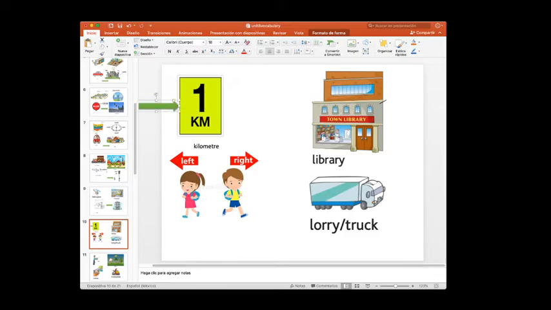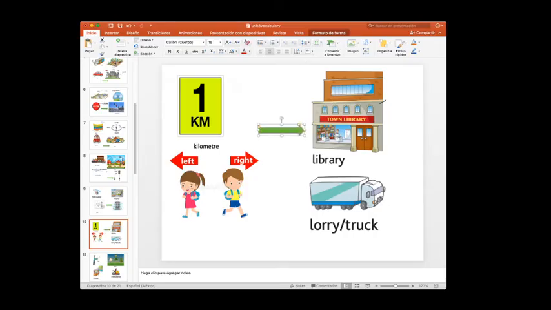This unit is kilometer. Okay. This other one, as you can see here in front, you have your left hand, and on the other side you have your right hand. Okay, left and right.